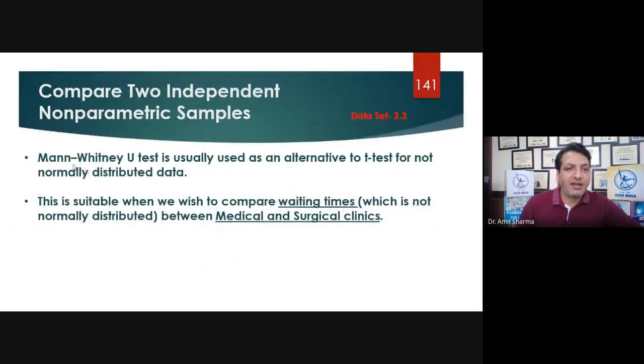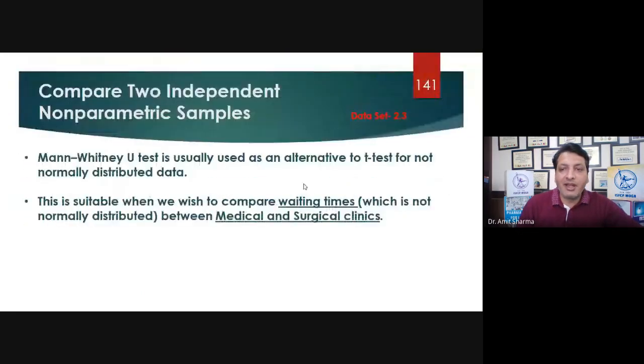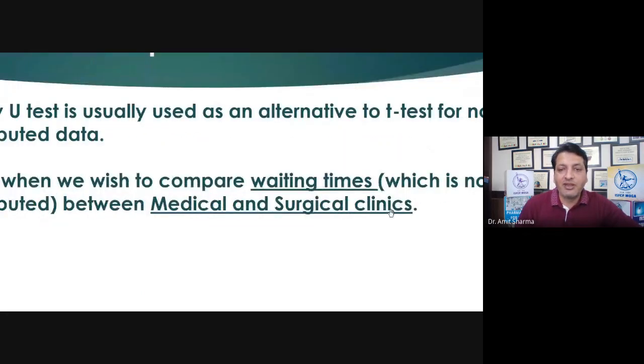First, I'll explain that the Mann-Whitney U test is usually used as an alternative to the independent t-test, especially for data which is not normally distributed. That means you have skewness in your data, and this is suitable when we wish to compare, for example, waiting time, which is not normally distributed, between two different wards in the hospital, the medical ward and the surgical ward. The data is given in the form of categories: one category is medical, the second category is surgical.